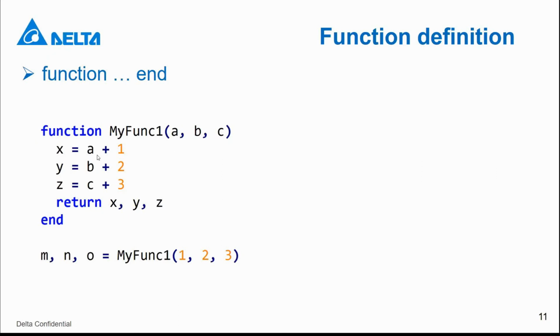Of course, it will add these 3 numbers with these 3 numbers and then return. Because we return 3 variables, on the left side of the equal sign you can also use 3 variables to catch them. So X will go to M, Y will go to N, and Z will go to O. So this is how to define and use a function.